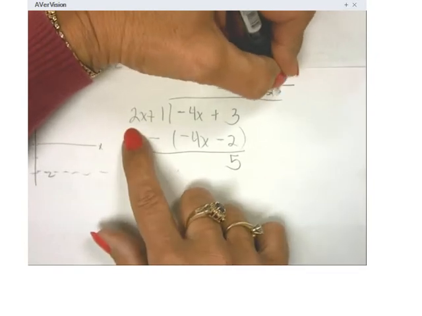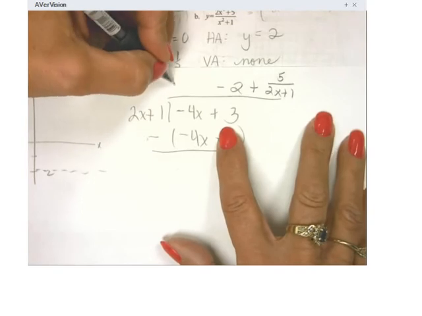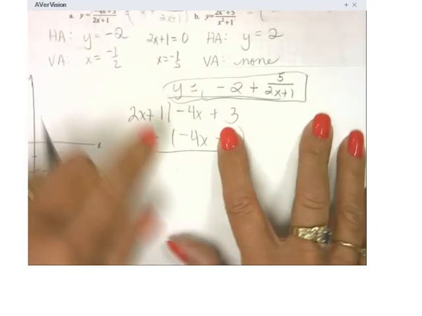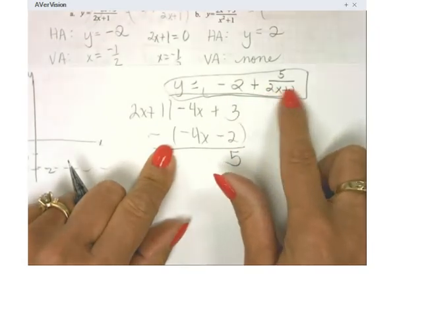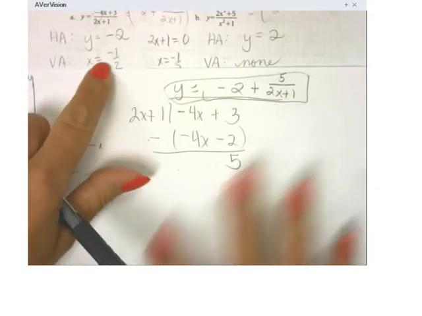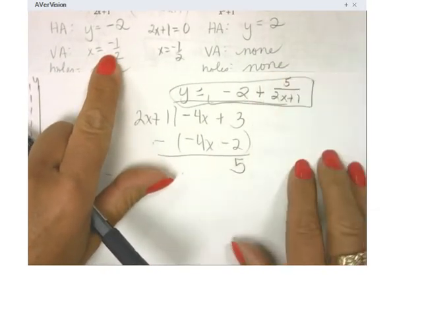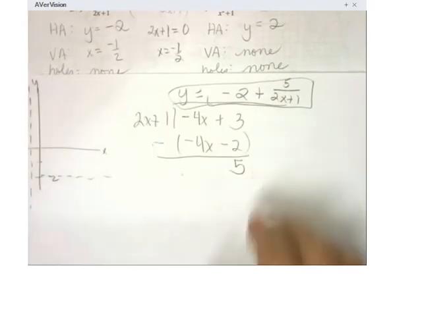And if I go through and subtract, that minus that drops out, and 3 minus -2 gives me 5. And so I could write it as -2 plus I have a remainder of 5, and then I write that over the divisor.